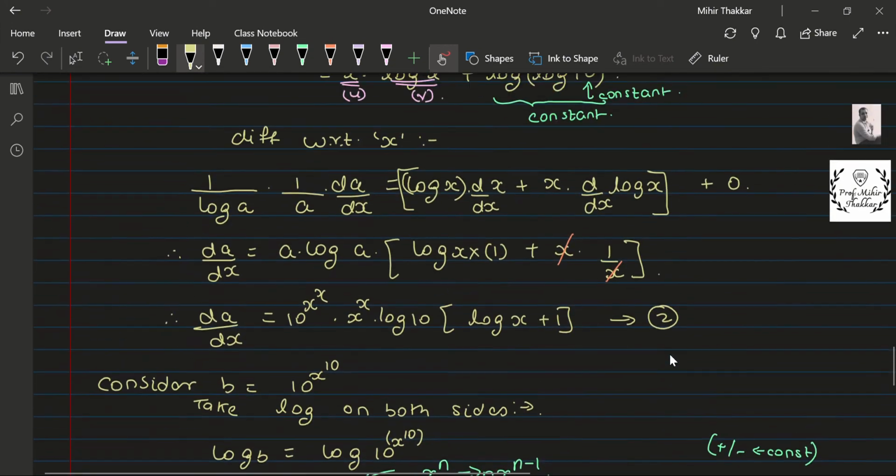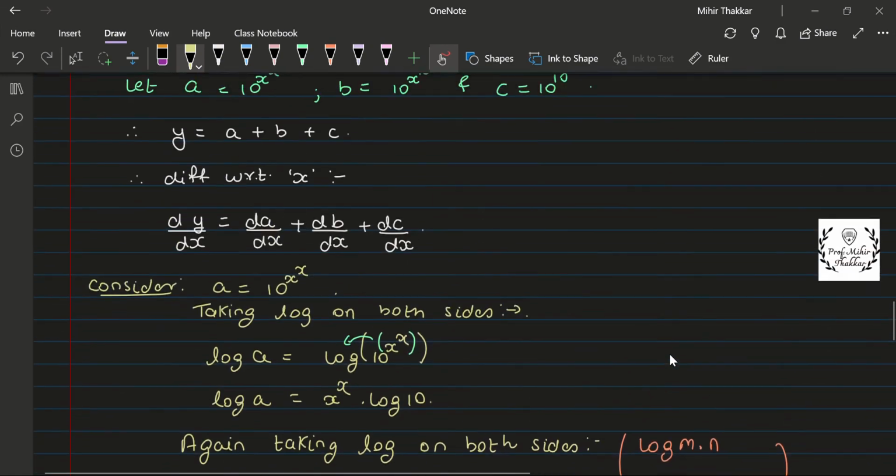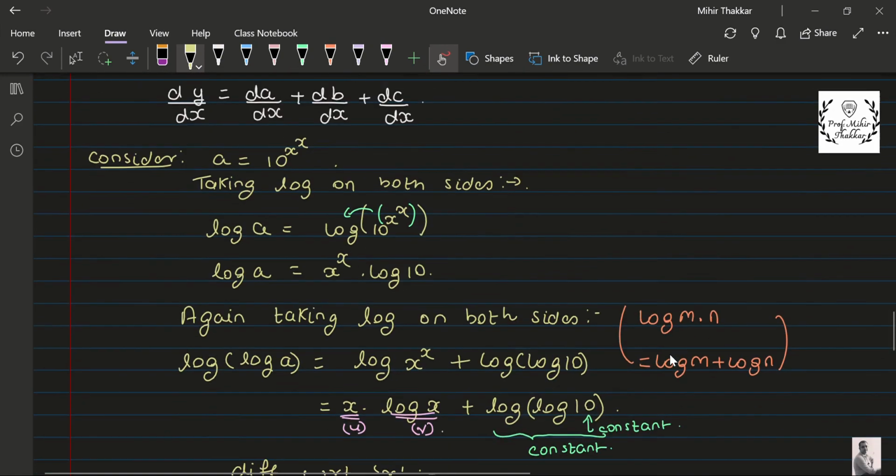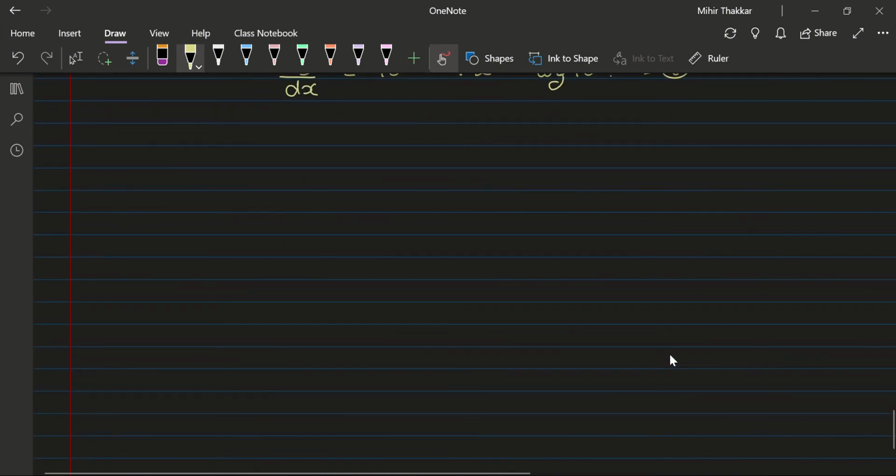Now last we have to find the value of derivative of c, and c was 10 raised to x. So now I will say consider c, which is equal to 10 raised to 10 raised to x, and as usual I have to take log on both the sides for this term too.